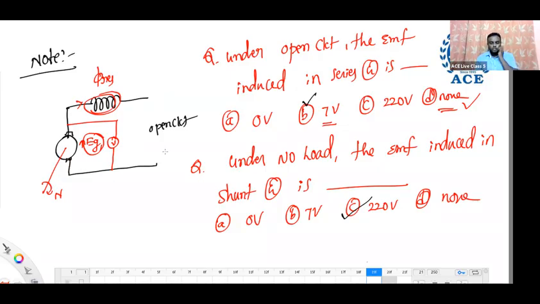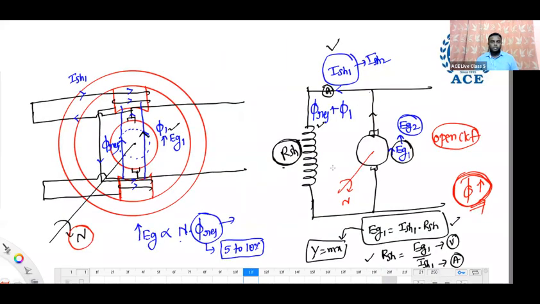If it is a series generator, there is a small voltage. If it is a shunt generator or any compound generator, there is rated voltage, maybe 220, 230, 240, 200, anything. That rated voltage will be there. Why? See, under open circuit, you place a voltmeter here and rotate; how much will this voltmeter show?